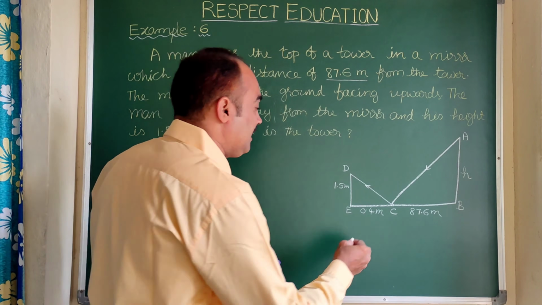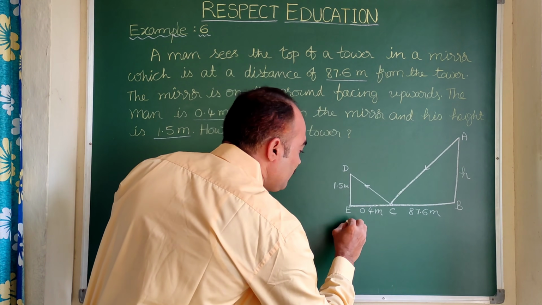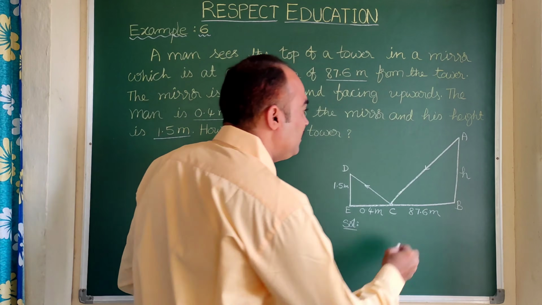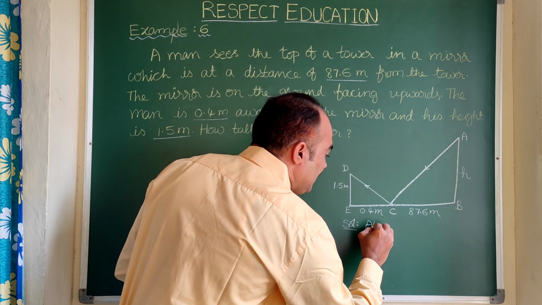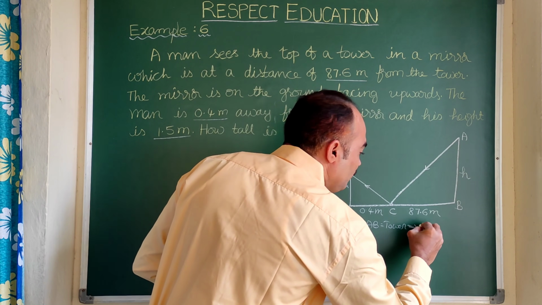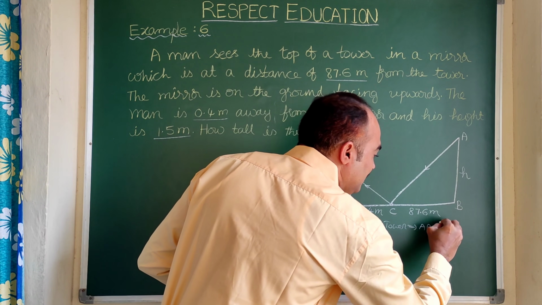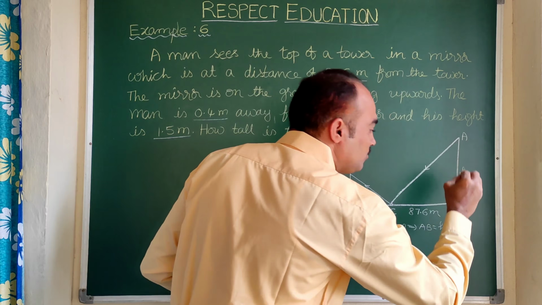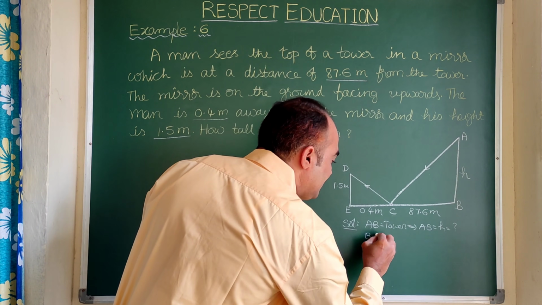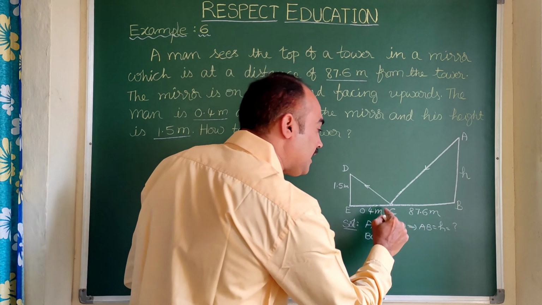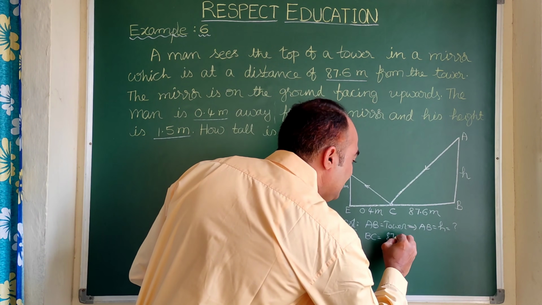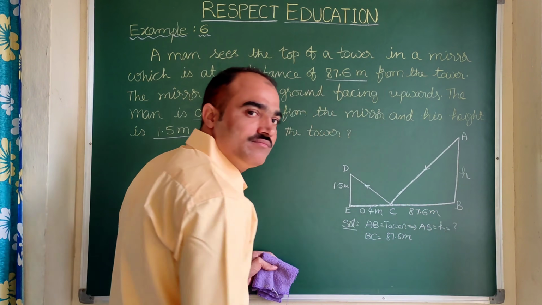So here let us write the given data. I am writing the solution here. First, let AB be the height of the tower. So we need to find AB, that is H, question mark. Next, BC is the distance between the mirror and the foot of the tower. So BC is given as 87.6 meters.